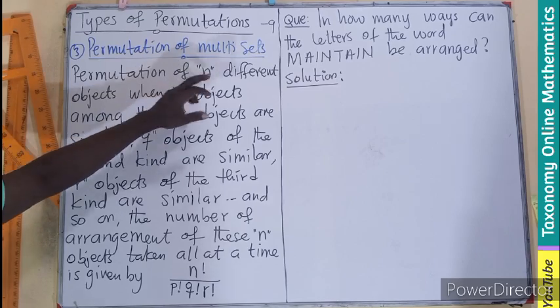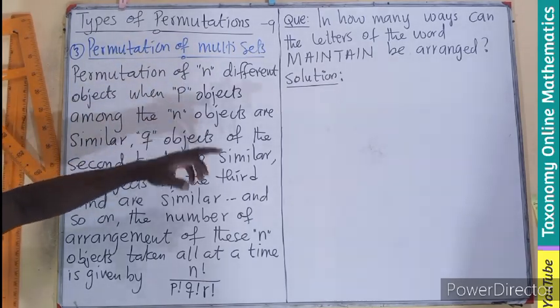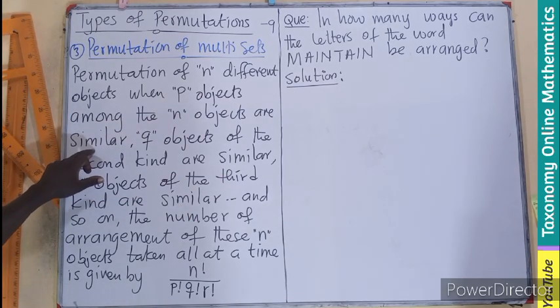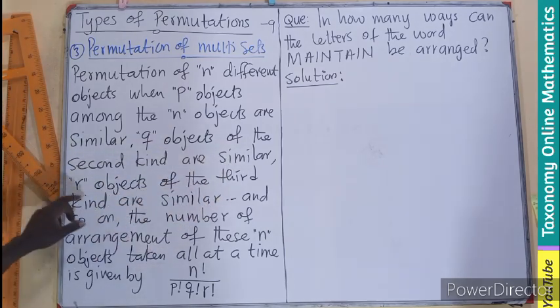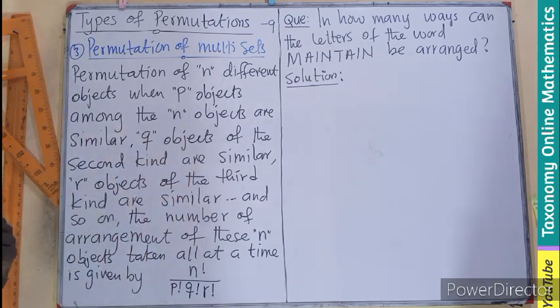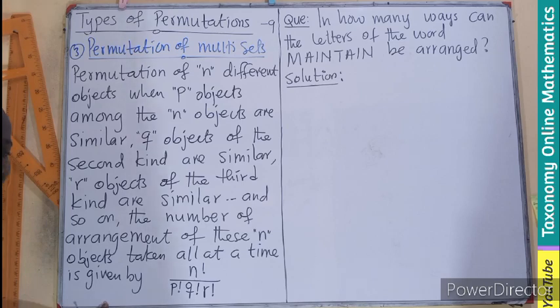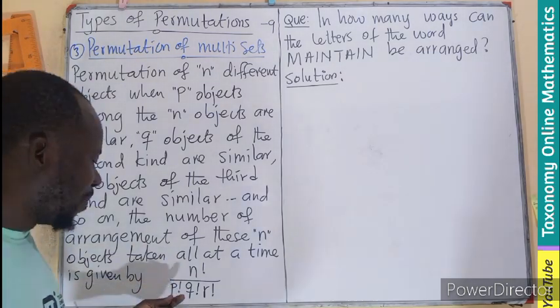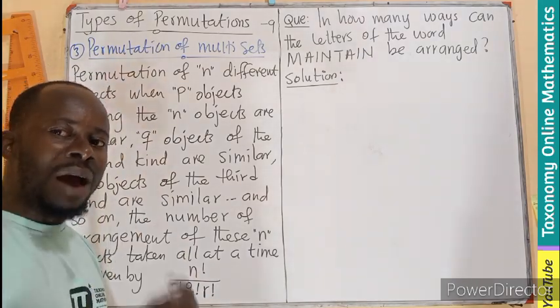So permutation of n different objects, when p objects among these n objects are similar, then q objects of the second kind are also similar, the r objects of the third kind are also similar, and so on and so forth, then the number of arrangements of these n different objects, taking all of them at a time, is given by n factorial divided by p factorial times q factorial times r factorial.